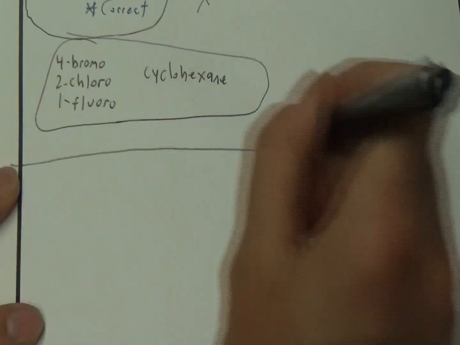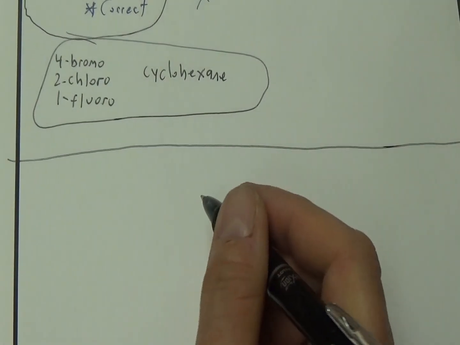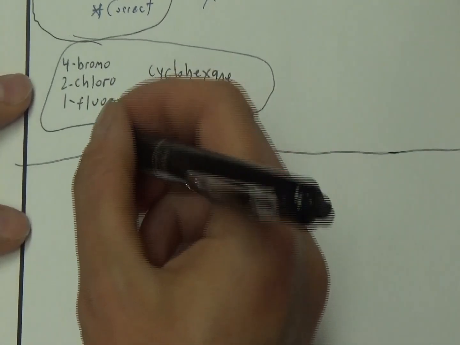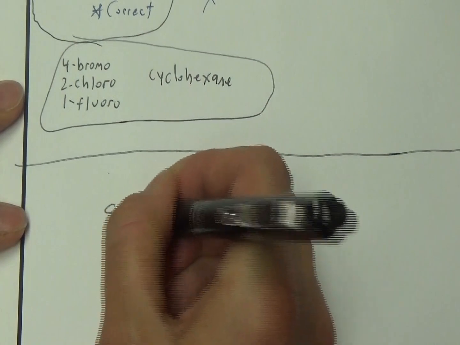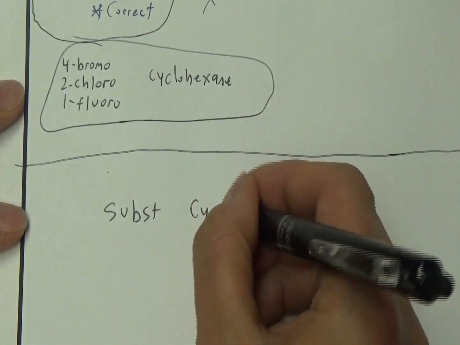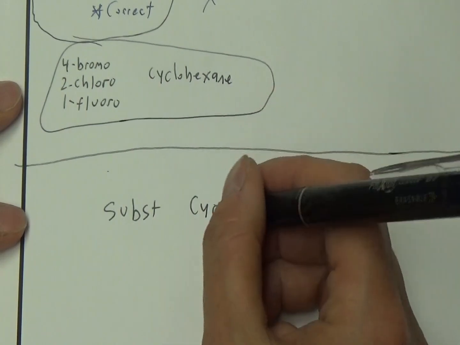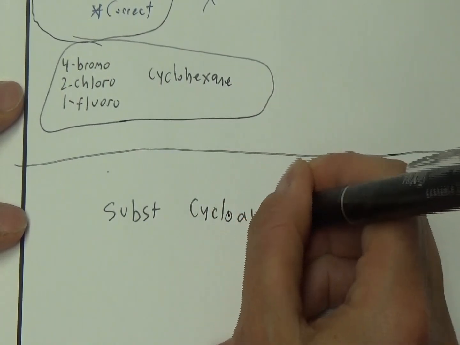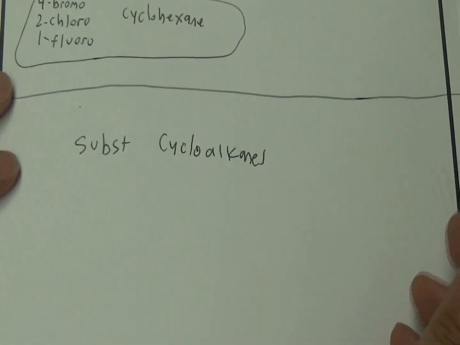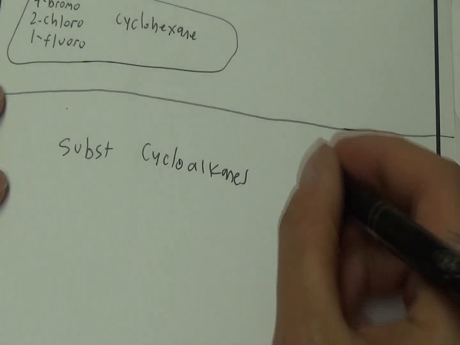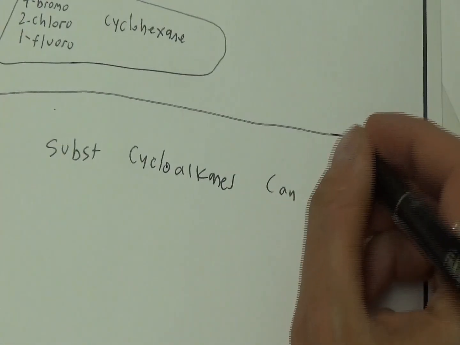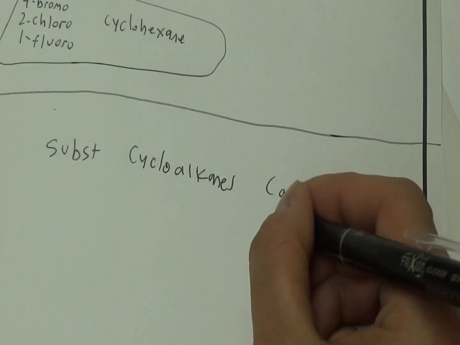Alright, and another little thing about these substituted cycloalkanes. Substituted cycloalkanes can be stereoisomers.